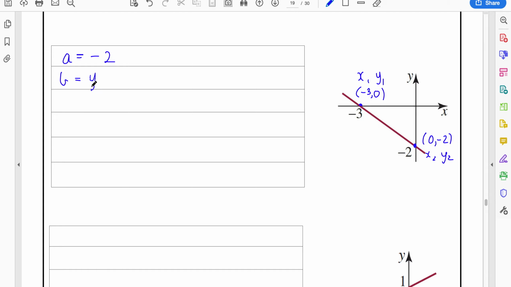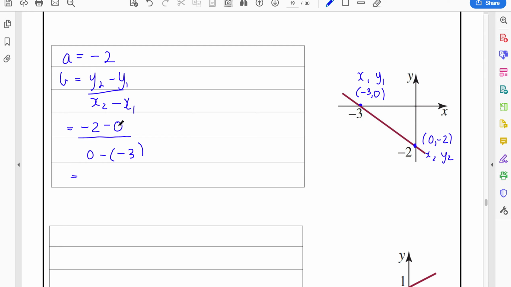And then for the slope, as usual, I do my slope formula. So that will give me negative 2 take away 0 for these two values here, and 0 take away negative 3.